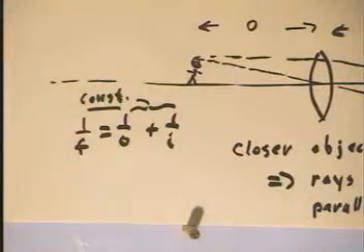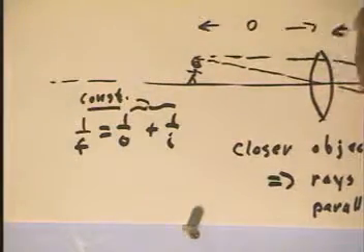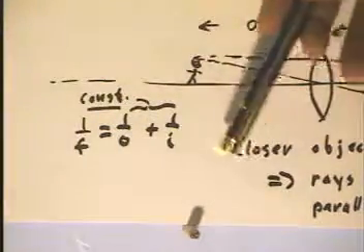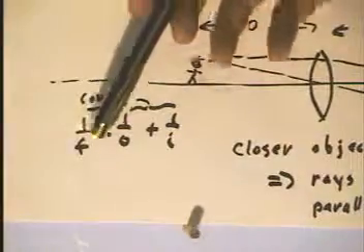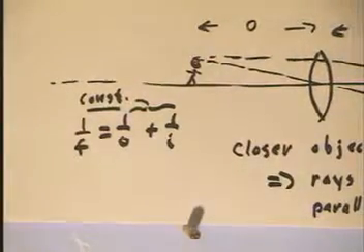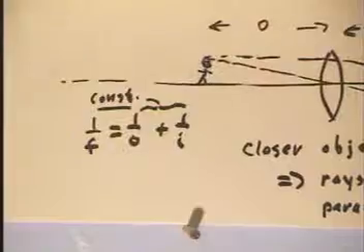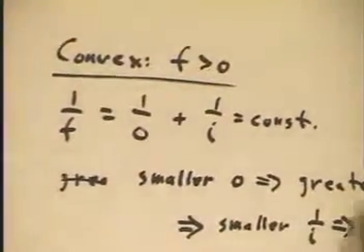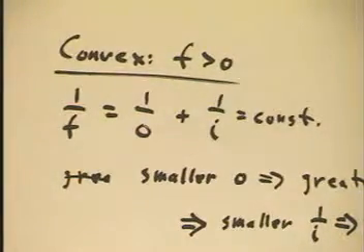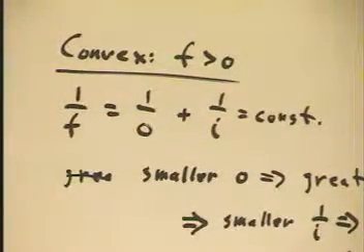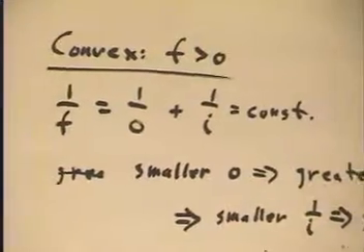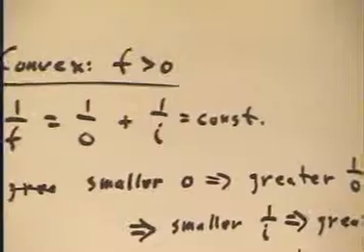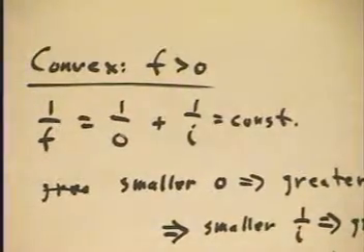On the other hand, if the object distance is large, the image will form close to the focus, because 1 over O would be very small. 1 over I would have to be almost equal to 1 over f. Now, for a convex lens, the focal distance f is positive. We haven't talked yet about negative focal distances and negative image distances, but that's what we're leading up to.